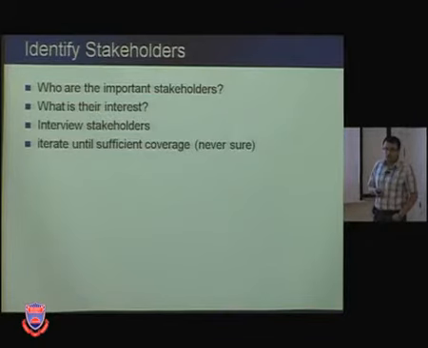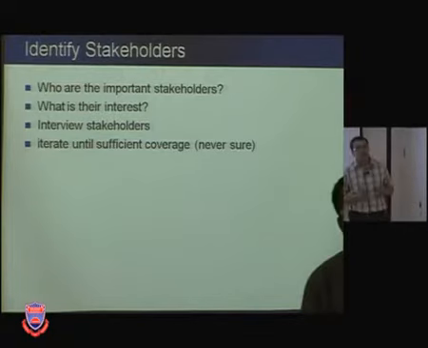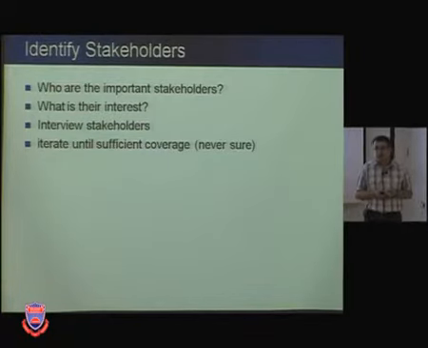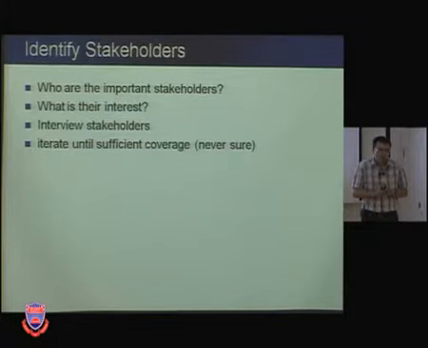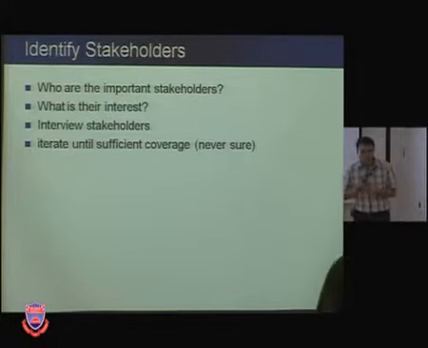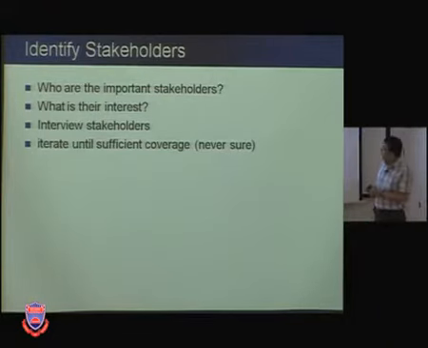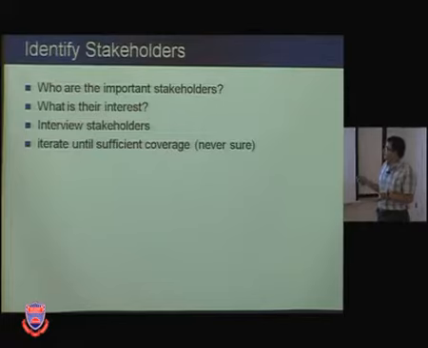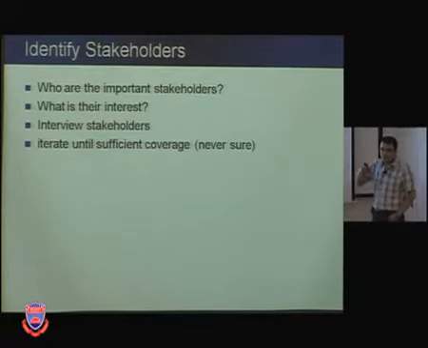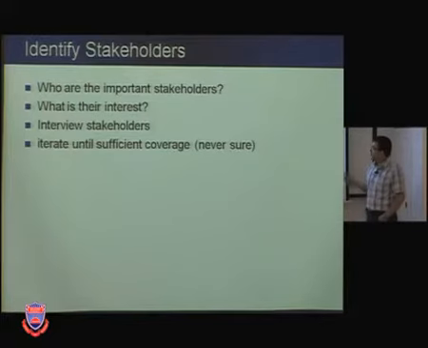As we said, you should not look at persons physically, but at roles that need to be played in the system. So a stakeholder is some role that is fulfilled. So typically you should say, what are the existing roles in this system? What is their interest? Once you know the roles, you find the persons behind these roles, you interview these stakeholders, you iterate until you have sufficient coverage.